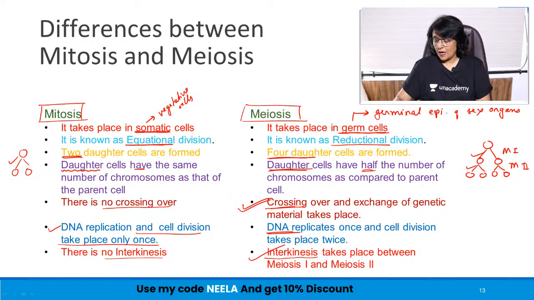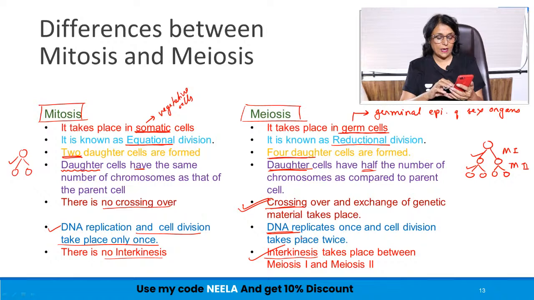Alright, so now I have completed the last part of this chapter, and I am ready for your questions. In case you have any doubt on this particular part, that is cell cycle and cell division, then we can take this up. Human health and diseases, we will start this chapter also.